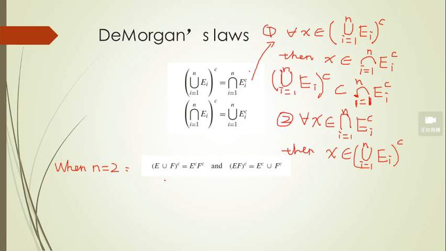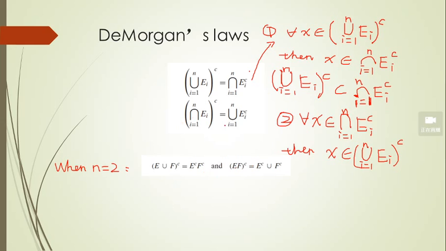You can also represent them as E and F. It doesn't matter whether you use E1, E2, or E and F. So the complement of E or F equals what? This one means E's complement and F's complement.